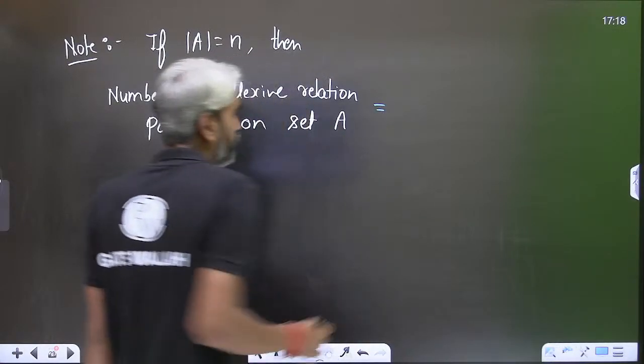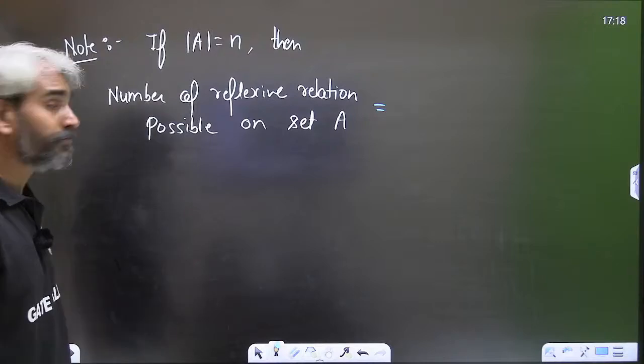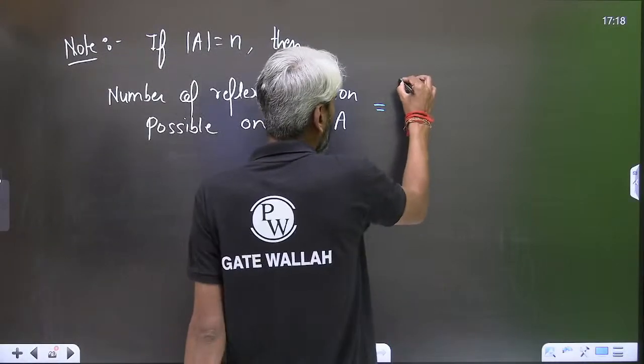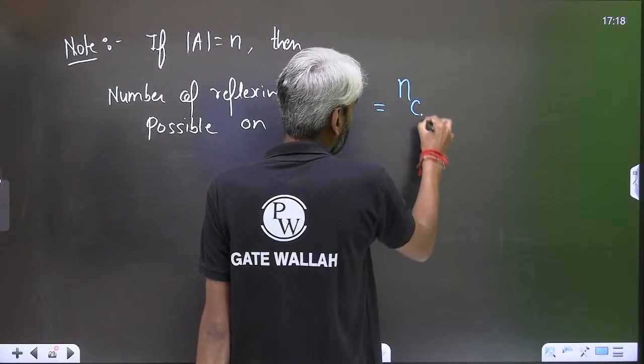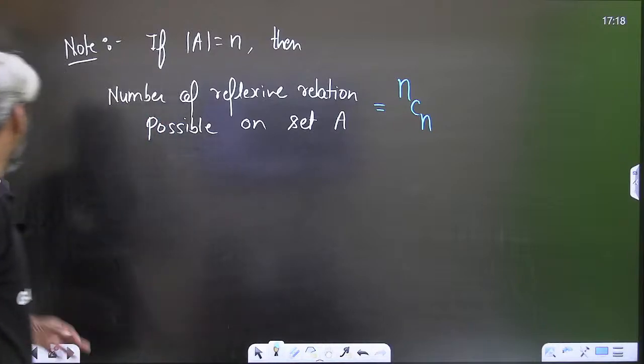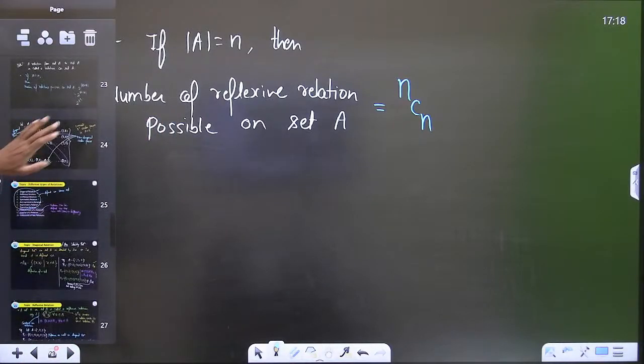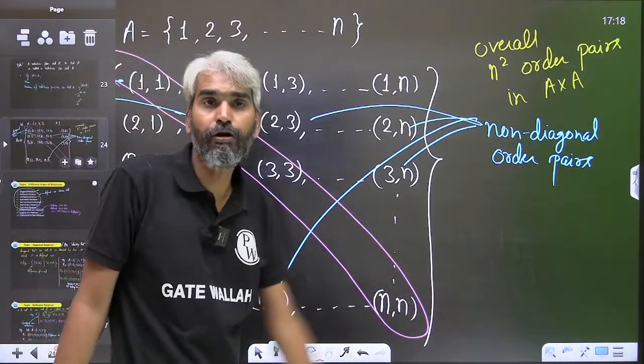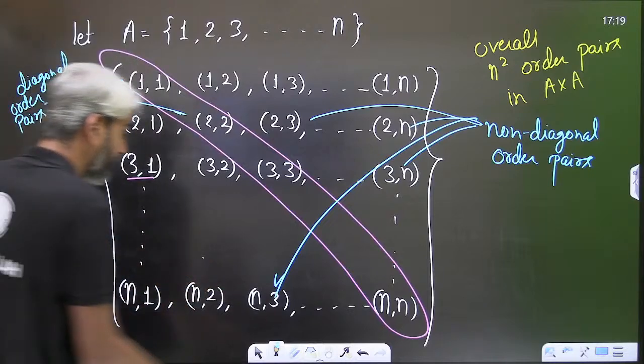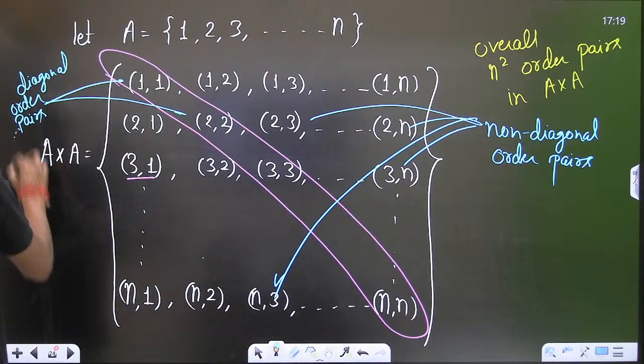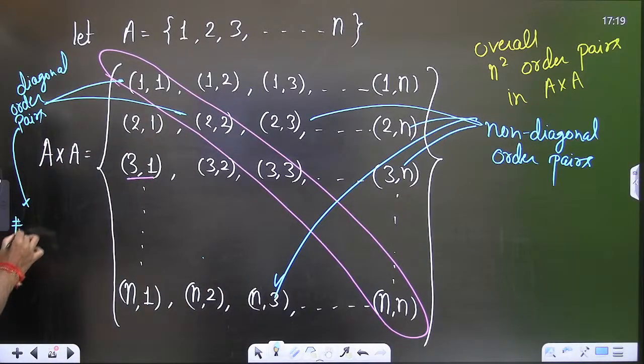I'll just give you the intuition. The very first thing is, out of n diagonal order pairs, how many diagonal order pairs are there in this diagram? Sir, there are n diagonal order pairs. So if I write, the number of diagonal order pairs is how many?